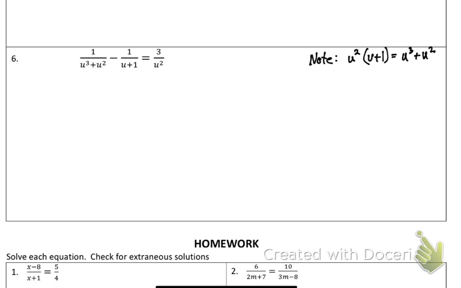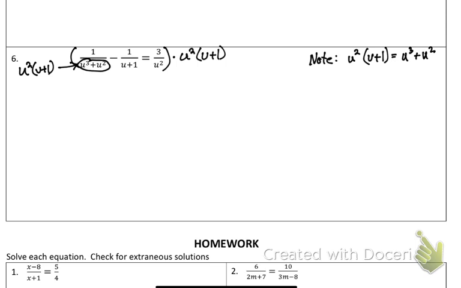So my common denominator is actually going to be u squared times u plus 1, recognizing that this right here is the exact same thing as u squared times u plus 1. I guess we could have factored that out as well.